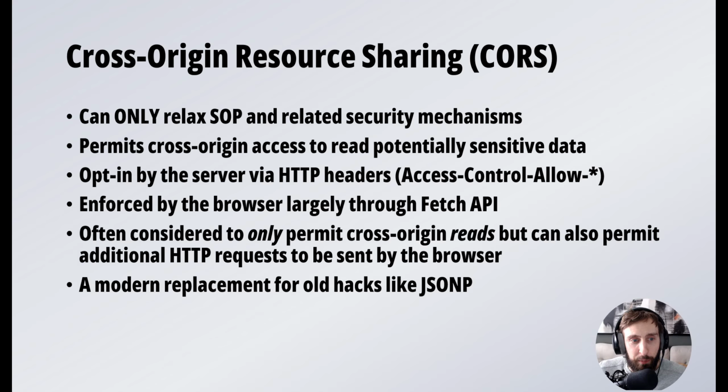CORS also permits cross-origin access to read potentially sensitive data. I add this as a second point because oftentimes when we're thinking about embedding resources and accessing resources from other applications, a lot of the time that we do that with the composable web is just for the purpose of taking static resources and placing them accessible within our application.